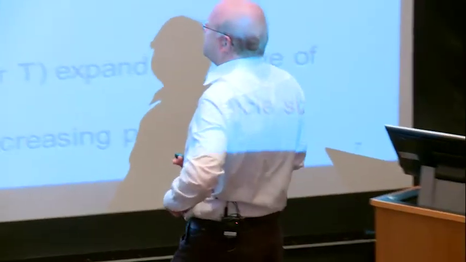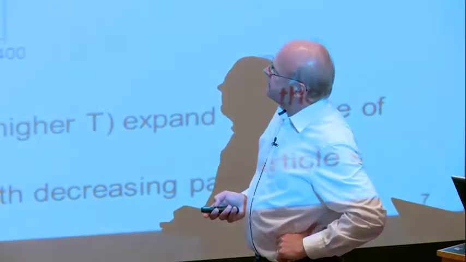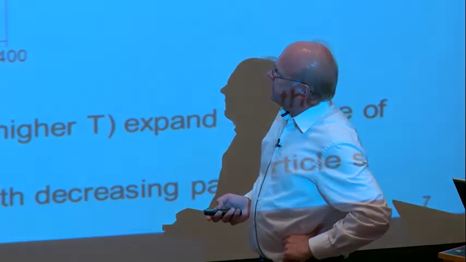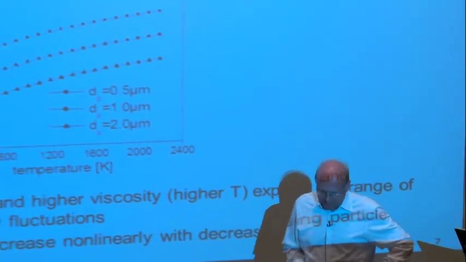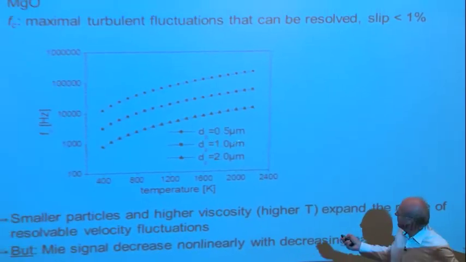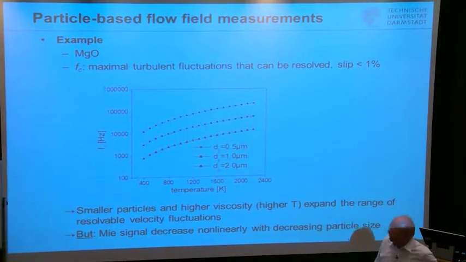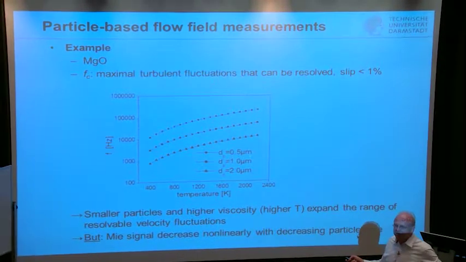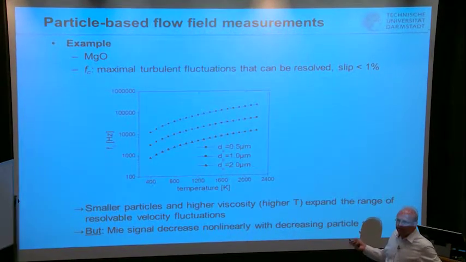We have looked at that in a jet flow, a turbulent jet flow, and for those cases we used maybe micrometer-sized particles. It was not evident there either, but theoretically it is clear, I think, that depending on the conditions, you cannot expect more than this limit.